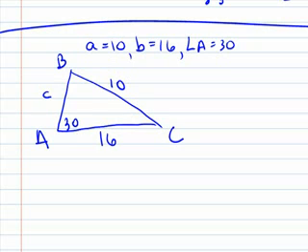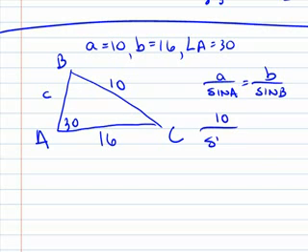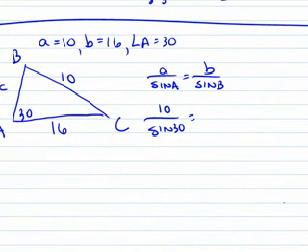And let's set up the law of sines. Our complete set of information again is A. So I have A over sine A, and I have 16 for B. I have 10 over sine 30, 16 over sine B. Okay, that looks a little better.